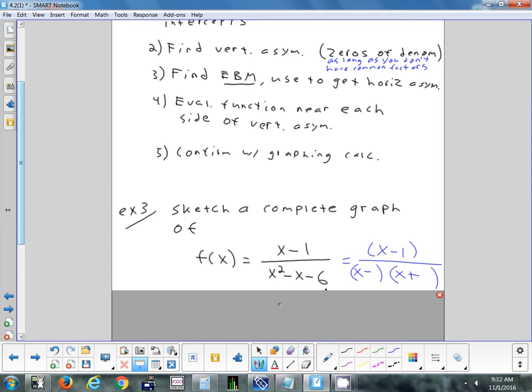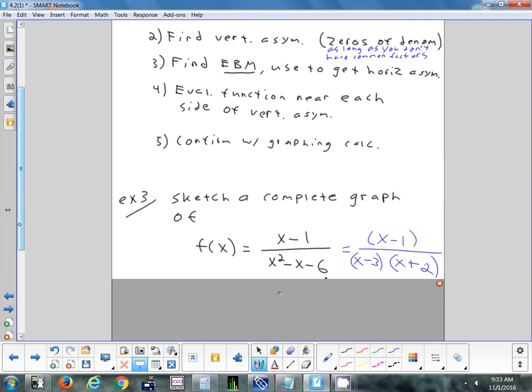And two numbers that multiply to give me 6 and subtract to give me negative 1. We've got to use some combination of a 3 and a 2. I would say make the 3 negative, 2 positive. Let's check it. It's 2x, take away 3x, it's negative 1x. Yep, so that's good.